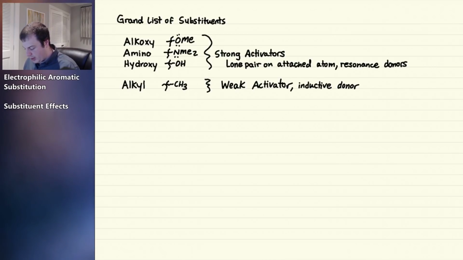Next up on our list, we'll have a halo substituent, so halide. This could be something like chloride or bromine or fluoride. So I'll just draw chlorine. This substituent is going to be our only weak deactivator.